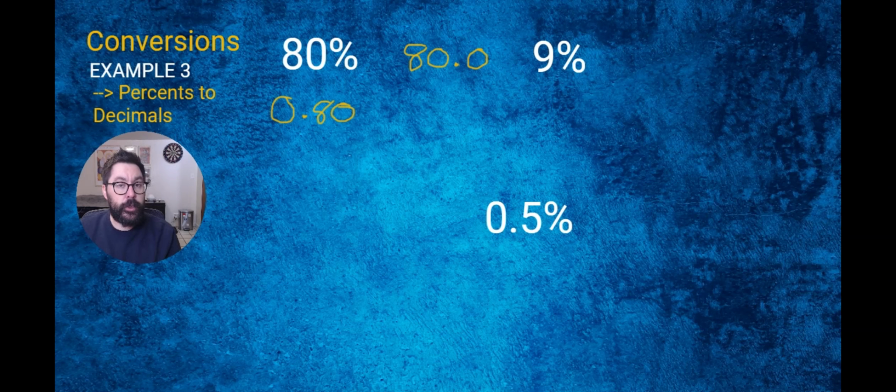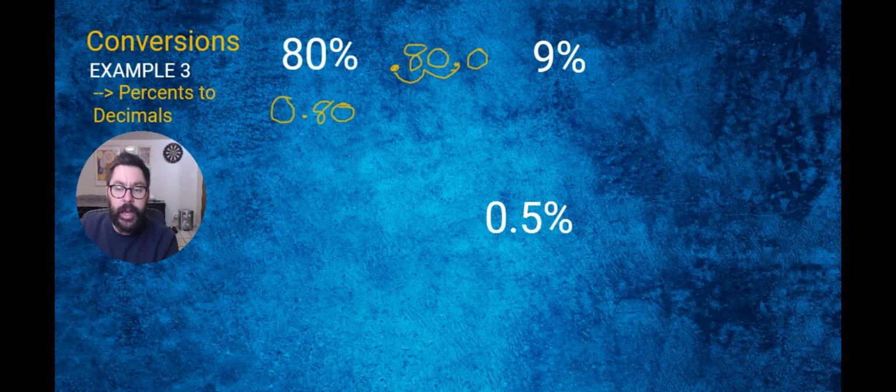I know sometimes students go, oh, does it go left? Does it go right? Just think, is my number supposed to be getting bigger or smaller? If we're dividing by 100, percent per 100, it's going to get smaller, so we have to move it once and twice. And our new decimal is going to end up there. And again, that is 0.80.